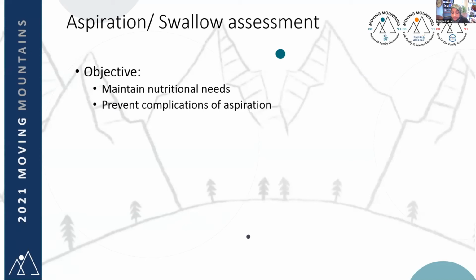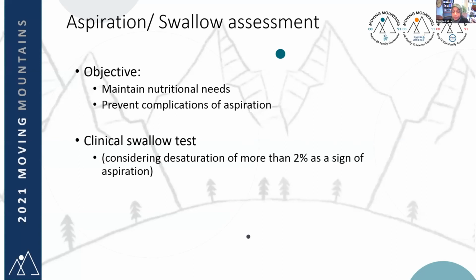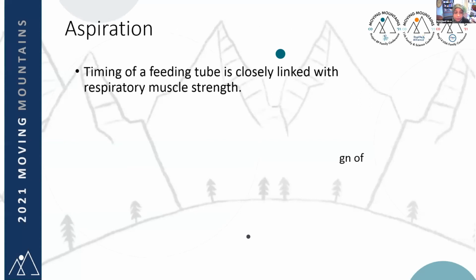And that's something that, if I look through the literature, again and again it's either respiratory failure or respiratory infections, and the risk of aspiration leading directly into that risk for respiratory infections is super high. And a clinical swallow test, if there is signs of desaturation, or moving over to a video fluoroscopy if there's signs or concerns for aspiration.